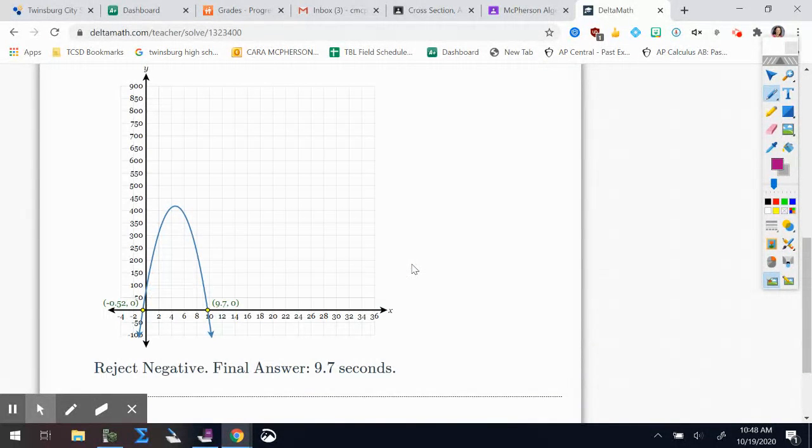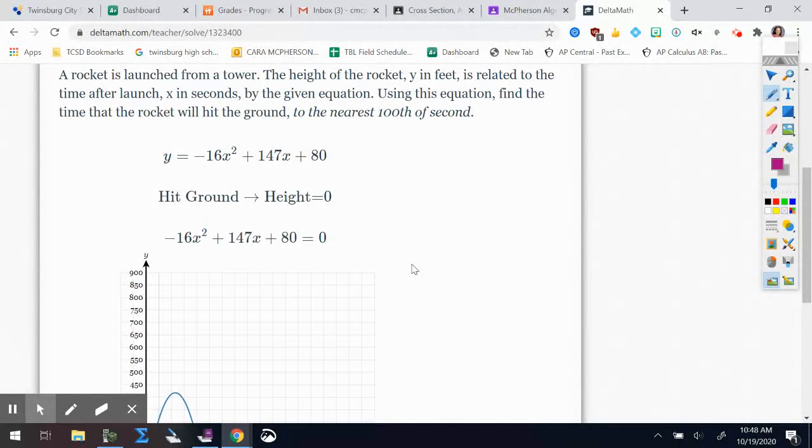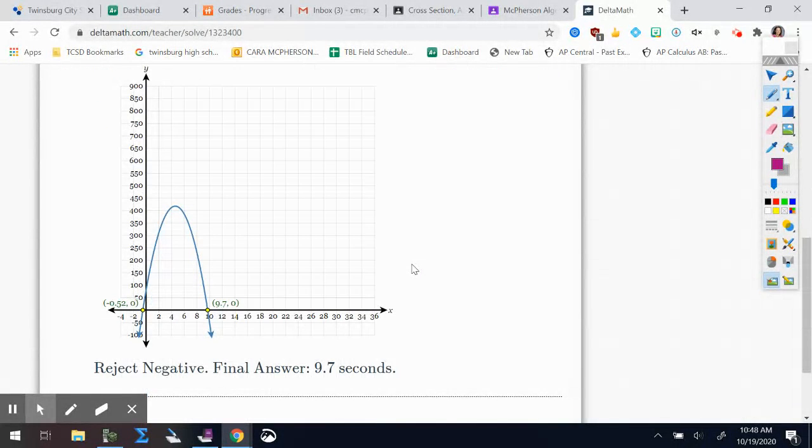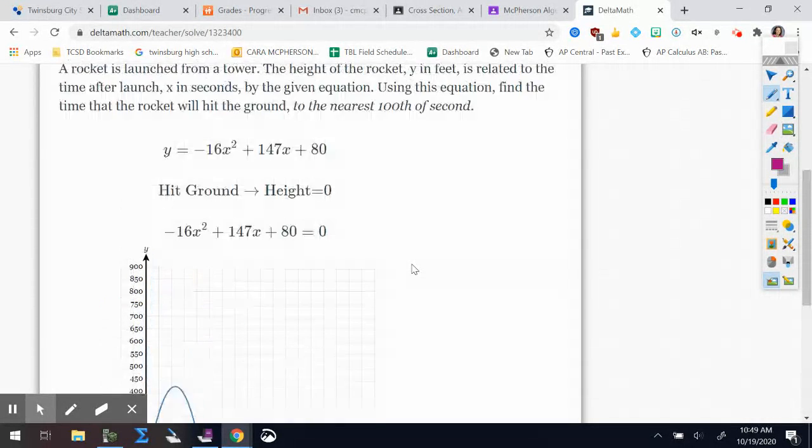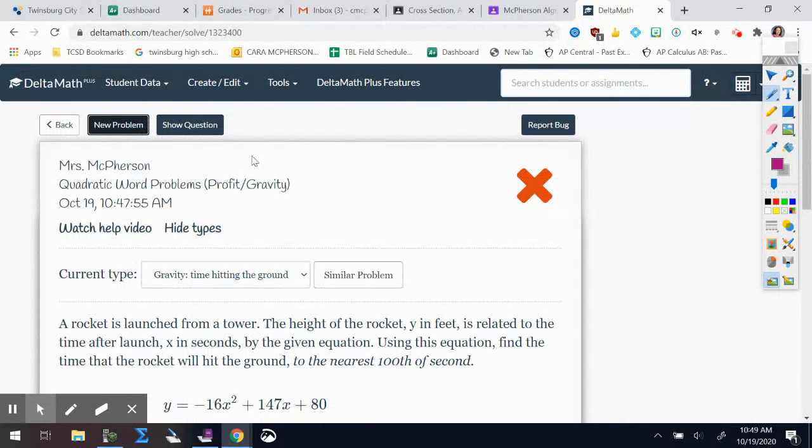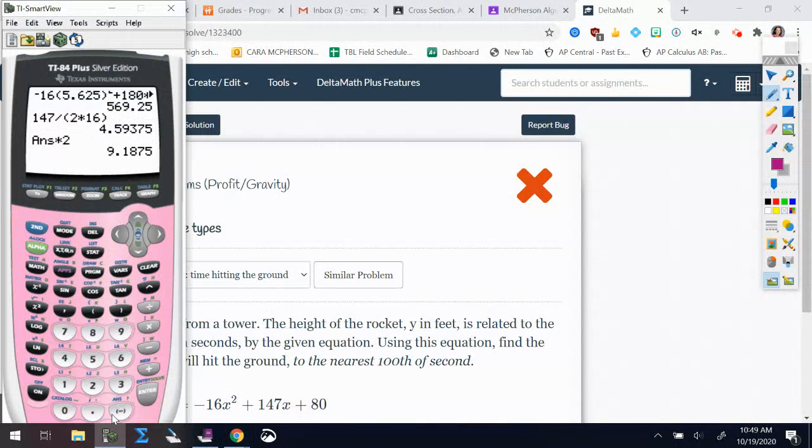Nope, I typed something in wrong. Oh, I rounded wrong. Let's do another one because I rounded wrong. Well, let's show the question. Where's my calculator?